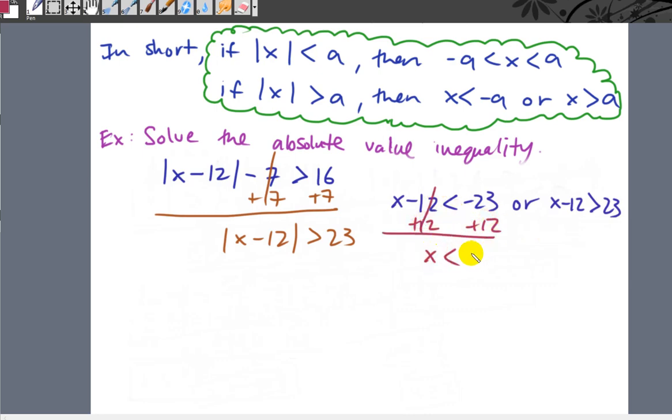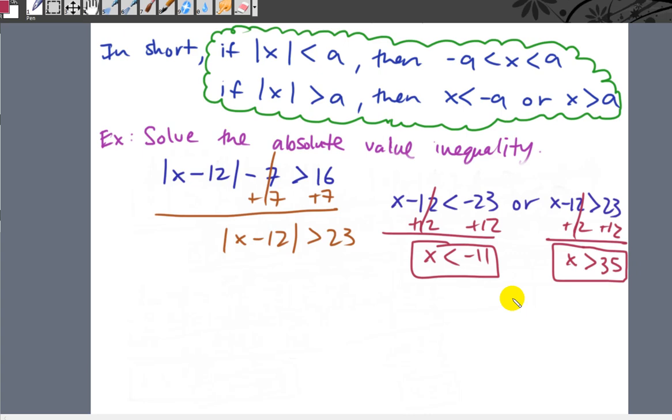We get x is less than negative 11, or we can add 12 to both sides here, and we get x is greater than 35. And as I mentioned before, if you guys are having trouble, draw the picture every time. Draw the picture so you can see what you're working with.